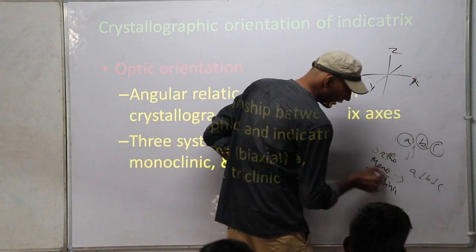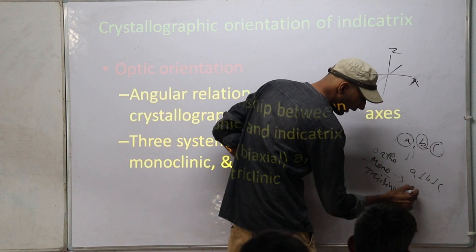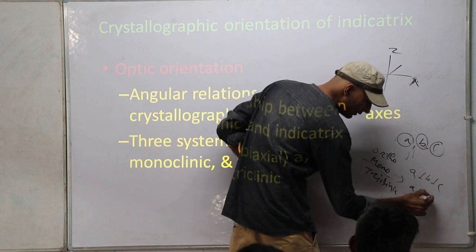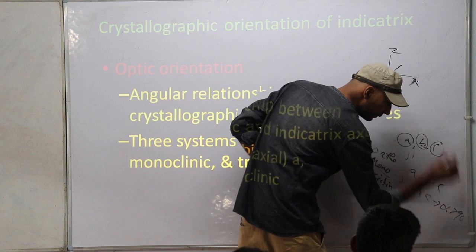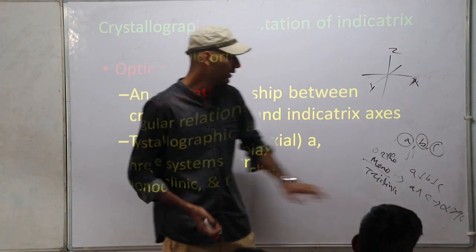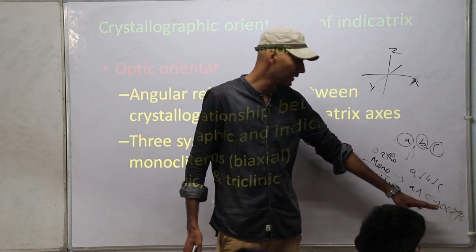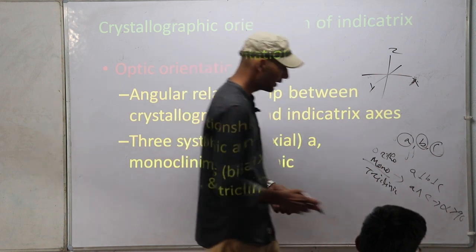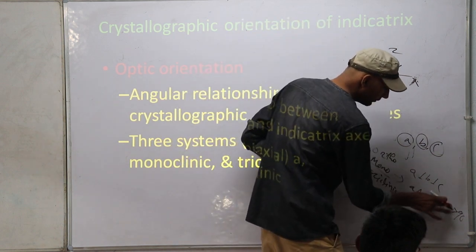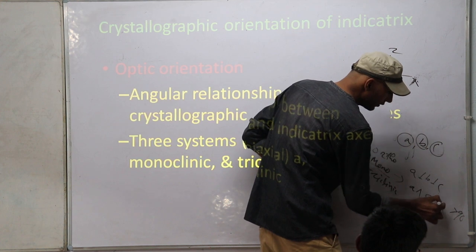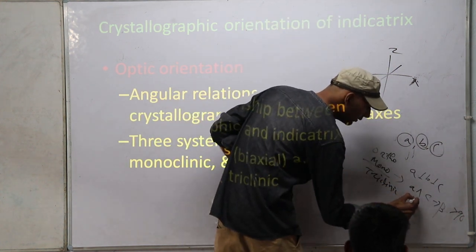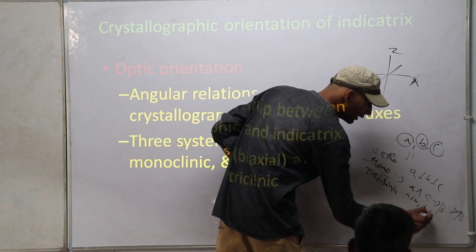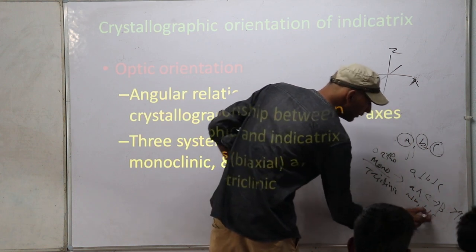But in monoclinic, what happens? A is at an angle to C, which is not alpha, that is beta, and beta is greater than 90 degrees. A is perpendicular to B, B is perpendicular to C, right?